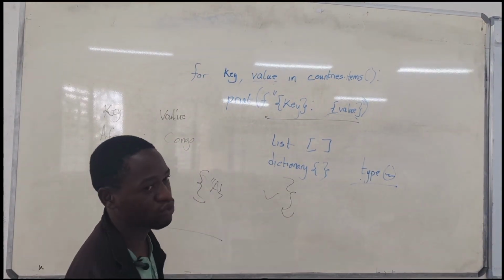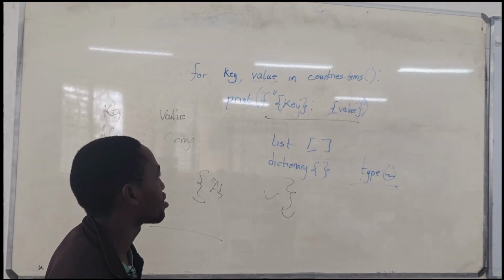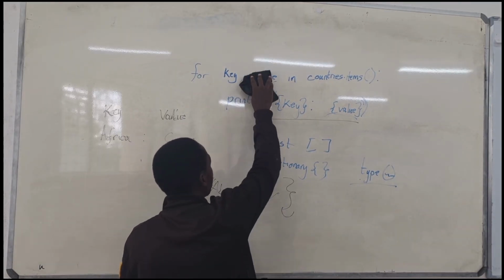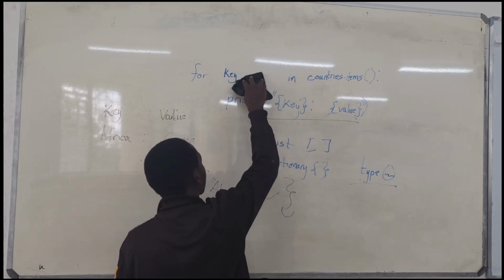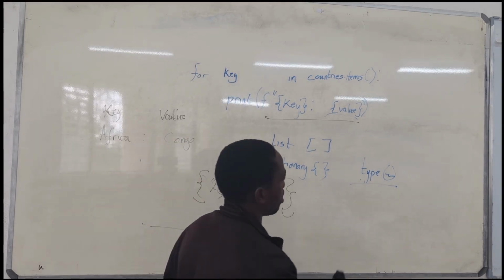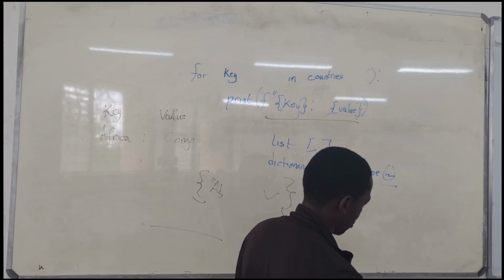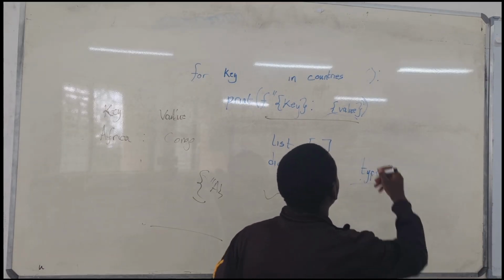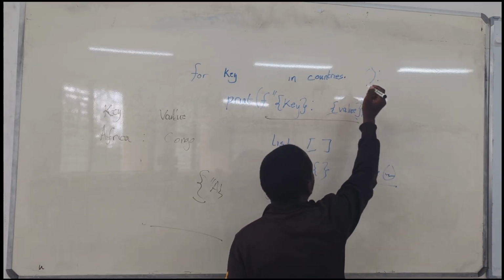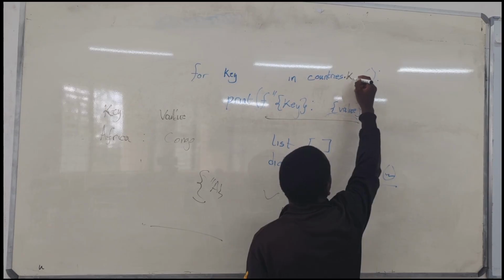So if you want to print just the keys alone without the value, what you can do is remove this, and then remove this, and then exchange. What you add here now is keys.